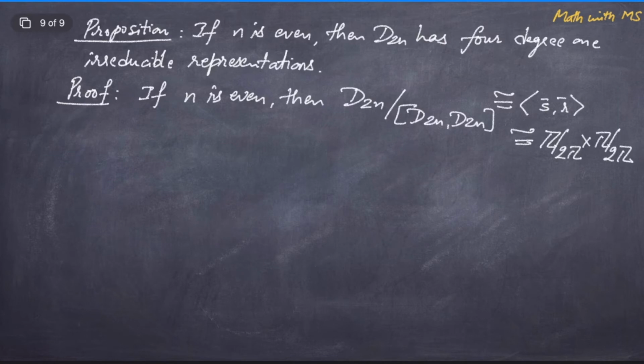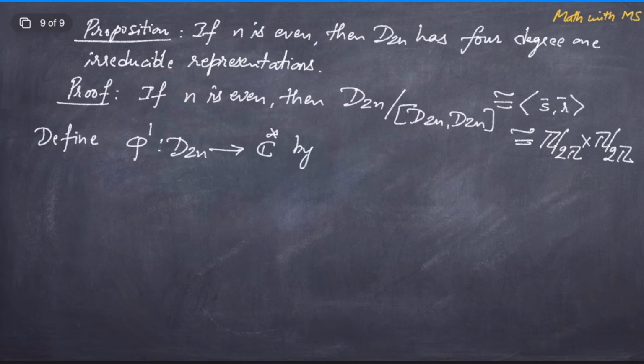So let us call them, say, phi 1 from D2N to C star by the following rule.